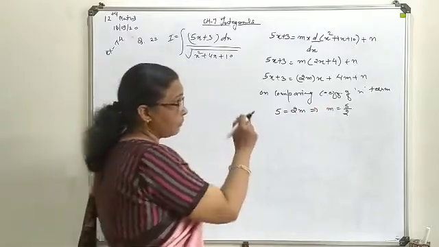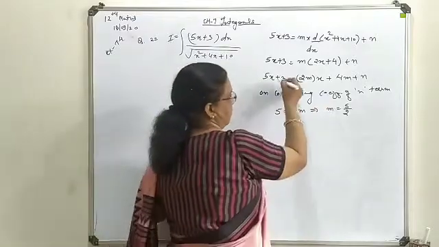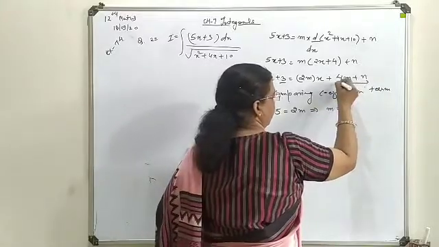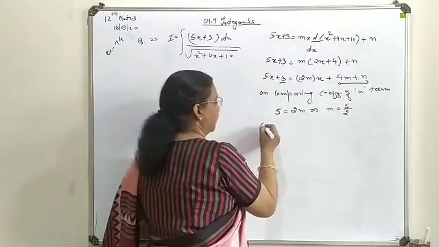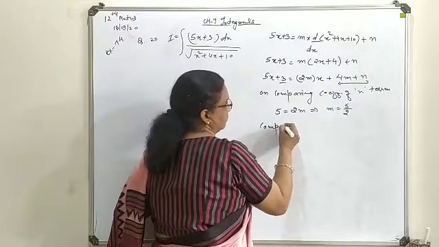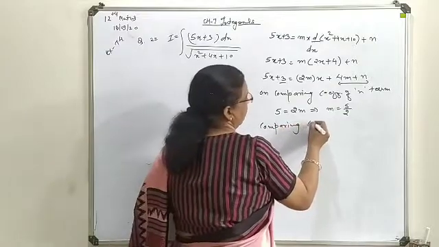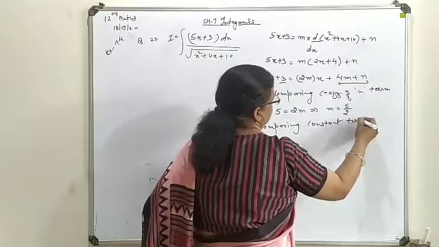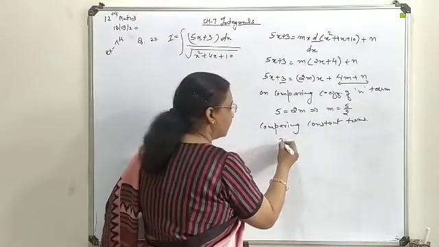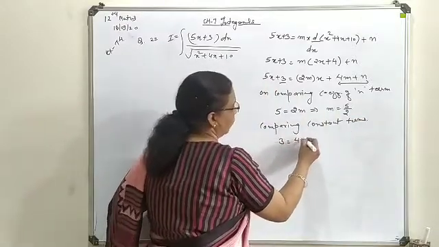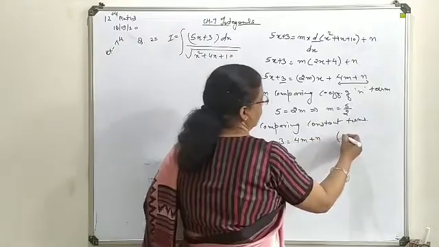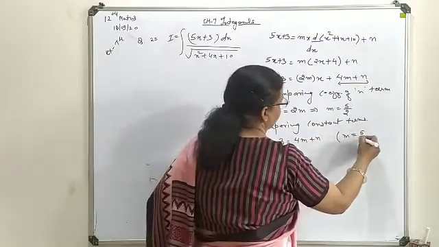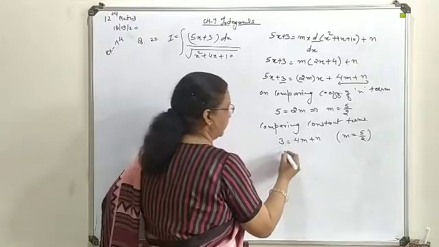Now, comparing the constant terms, these are the two constant terms you have. So 3 is equal to 4m plus n. As m is already evaluated as 5 by 2, substitute it here.